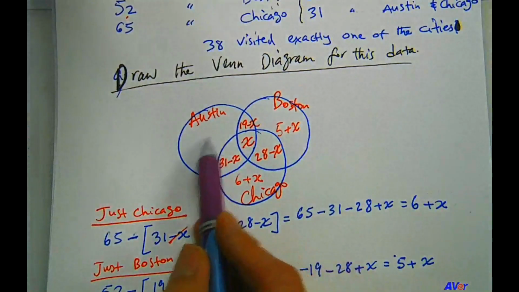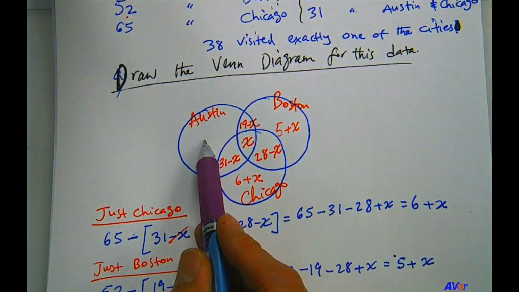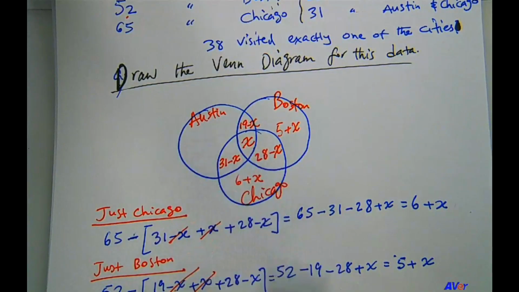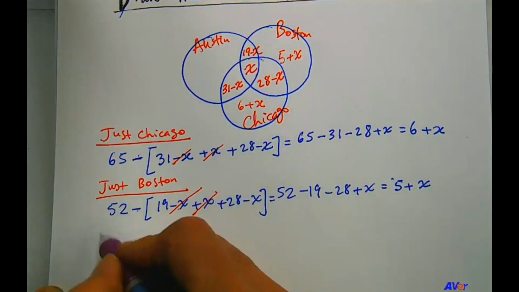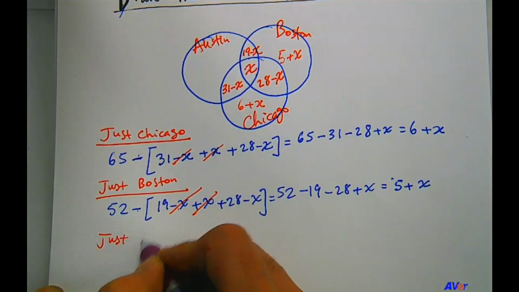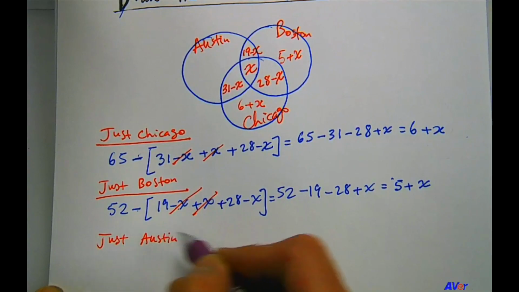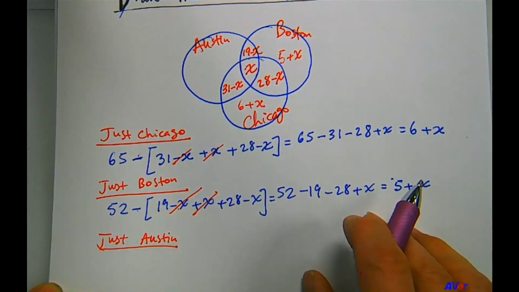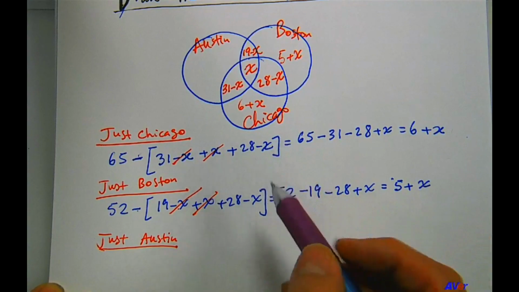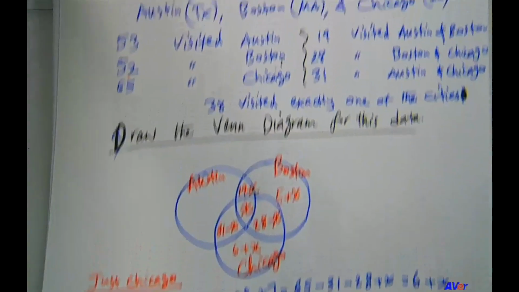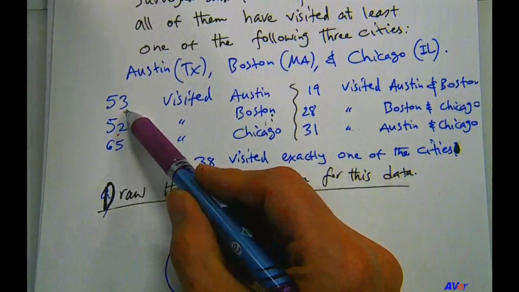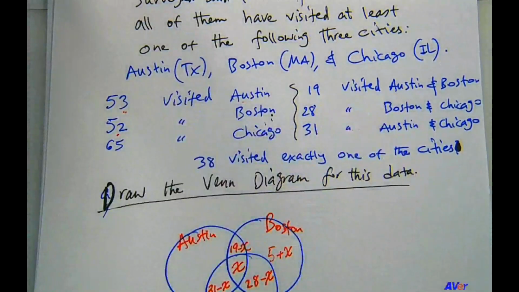So we still have to figure out how many visited just Austin and nowhere else. So let's do that here. Just Austin. We know that, let me scroll this down so you can see it, 53 visited Austin in total.